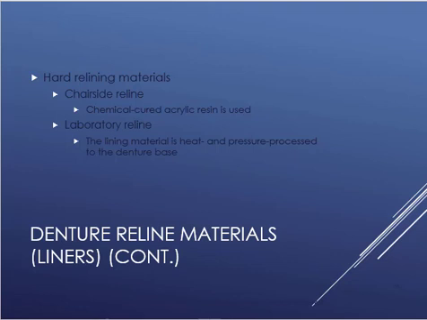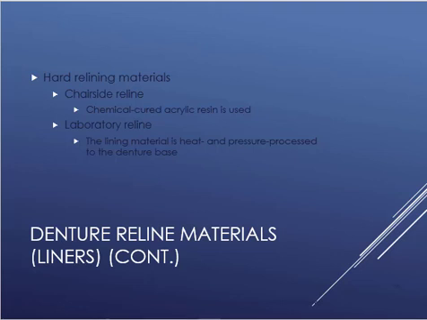How they do that is first an acrylic burr is used to remove a very, very thin layer of the tissue-bearing surface of the denture base, and the new material is placed on that and the denture is reseated, and that position of the denture is held until the material just begins to harden.